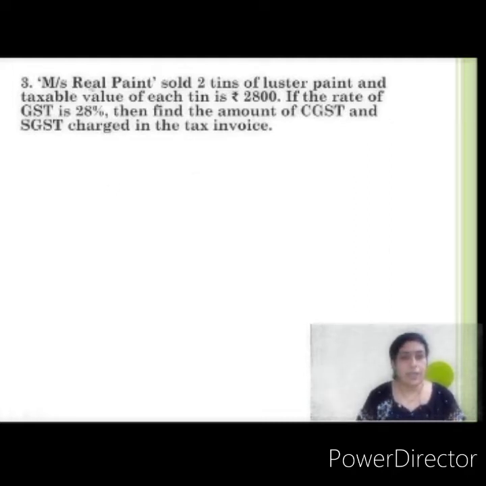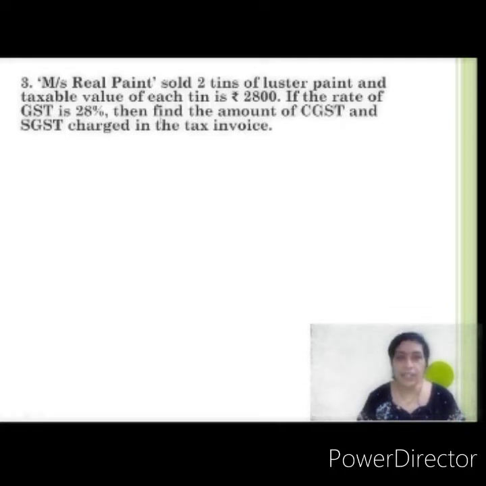Now a paint company sold 2 tins of luster paint, and the taxable value of each tin is rupees 2,800. If the rate of GST is 28%, then find the amount of CGST and SGST charged in the tax invoice.